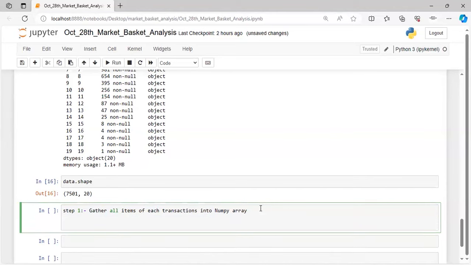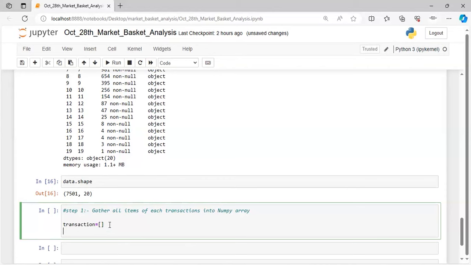So the first step will be to gather all the items in the format of NumPy. So I'm just making a transaction equal to an empty list. Basically we want to find the combination between the items, so let's do that.